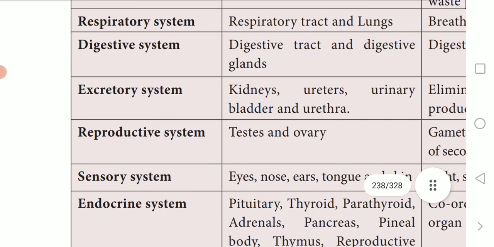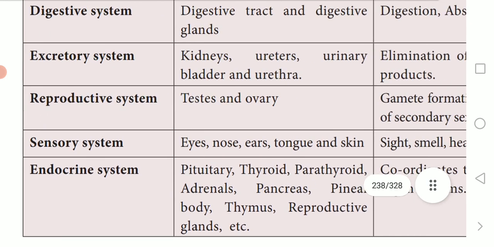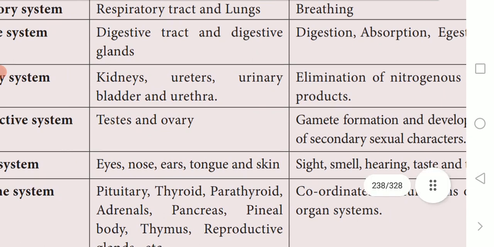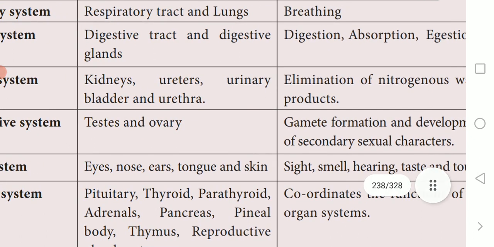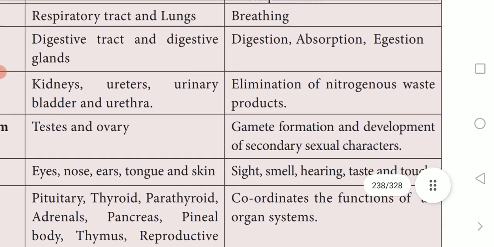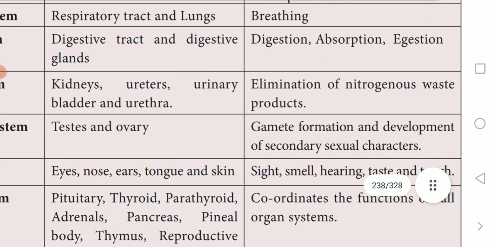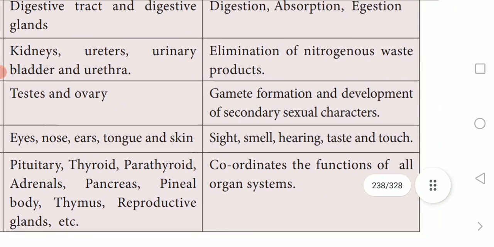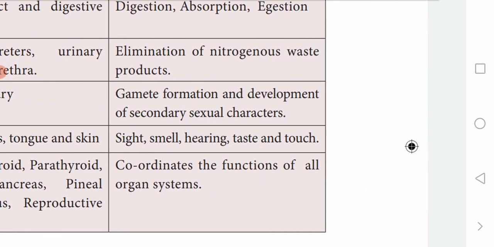The next one, the excretory system. These are the organs involved: kidneys, ureters, urinary bladder, and urethra. What are the functions of the excretory system? Elimination of nitrogenous waste products. What are nitrogenous waste products?